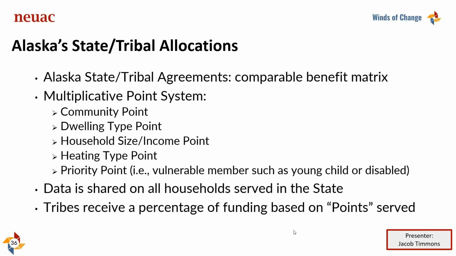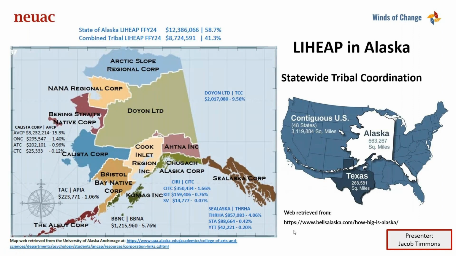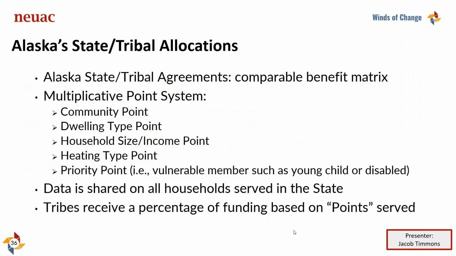And this created a more equitable way, I would say, of allocating funds, because it did take into consideration all those different pieces, that it is more expensive to heat houses in our rural areas than it is in urban areas. So we were allocated a higher amount of funding because of that.